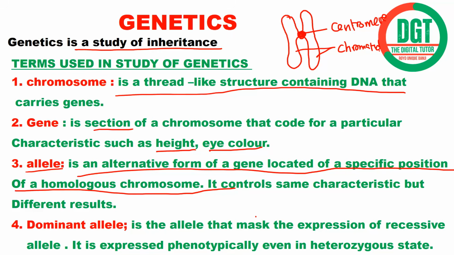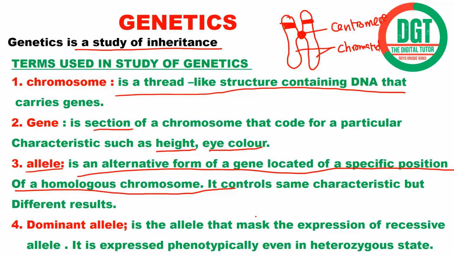If you look at this chromosome, the section there has the gene, and this gene has two forms. The two forms of a gene are what we call the alleles.